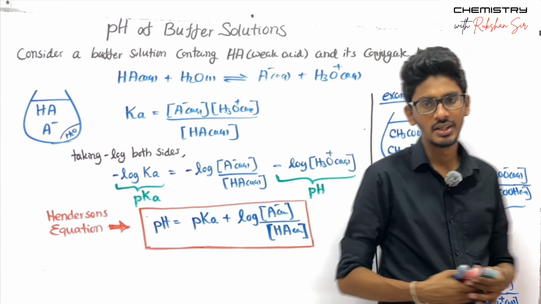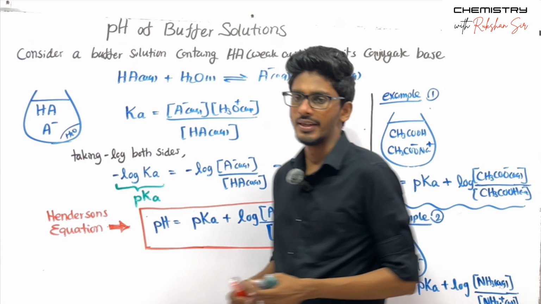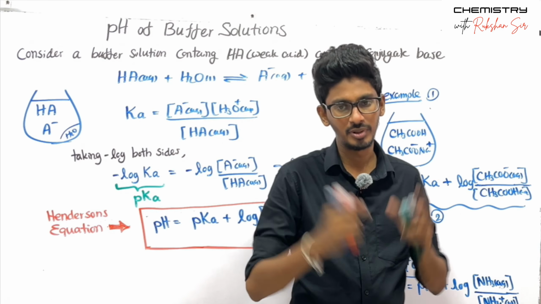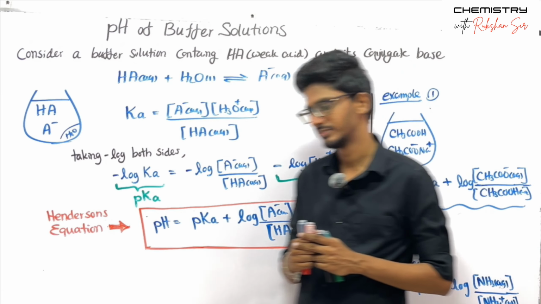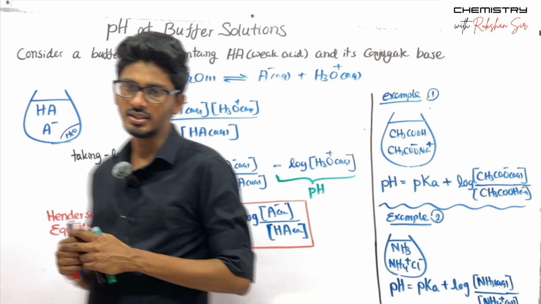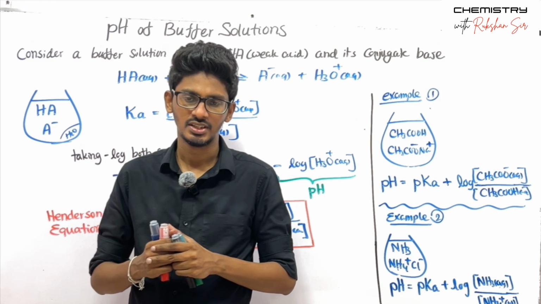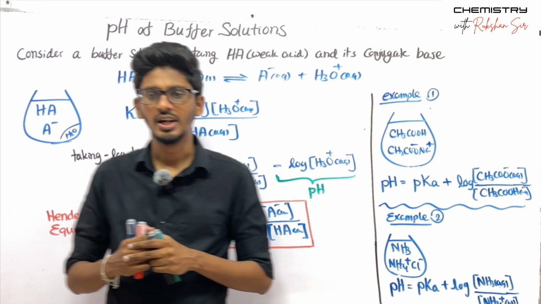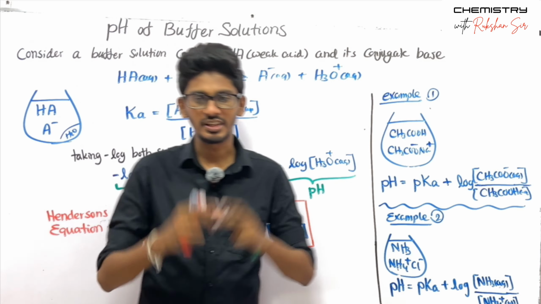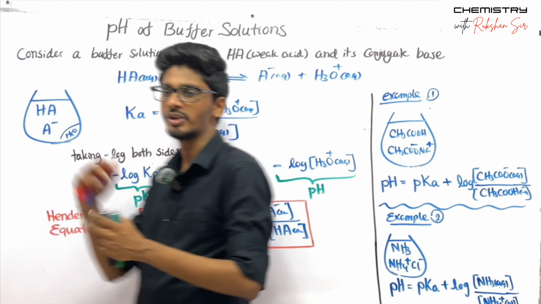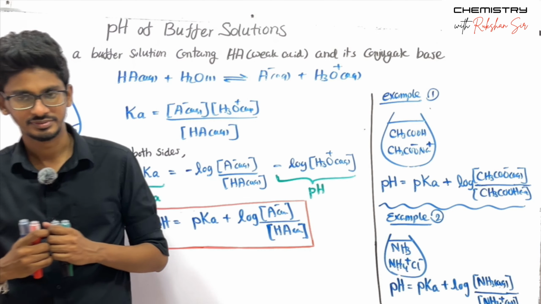And then, experimentally, they have found that this buffer action is possible only when the ratio between the conjugate pair does not exceed 1 to 10.